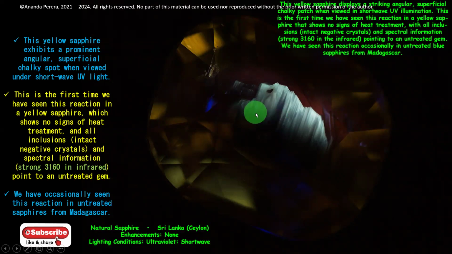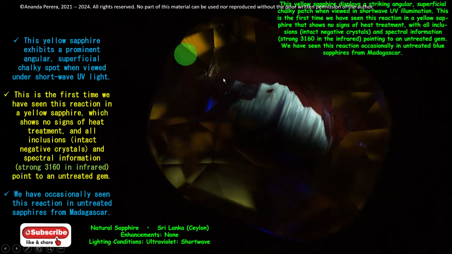This is a Sri Lankan stone, but sometimes in Madagascar stones, we can see like this. Madagascar and Sri Lanka also. Maybe 3,000 years before, Sri Lanka and Madagascar were one island. Now it is two.